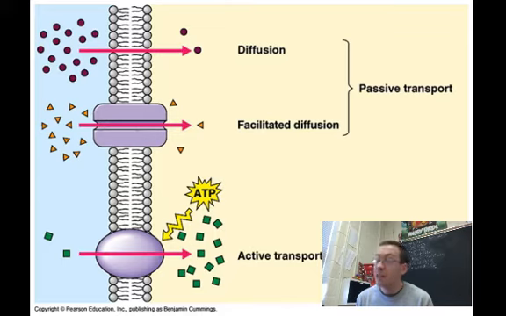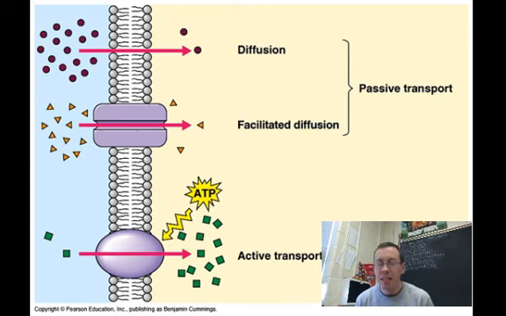The second type is known as facilitated diffusion. That diffusion is very similar to regular diffusion. The only difference is that it requires a protein channel. So a protein is required to move the molecules from one side of the cell to the other, from high to low concentration.